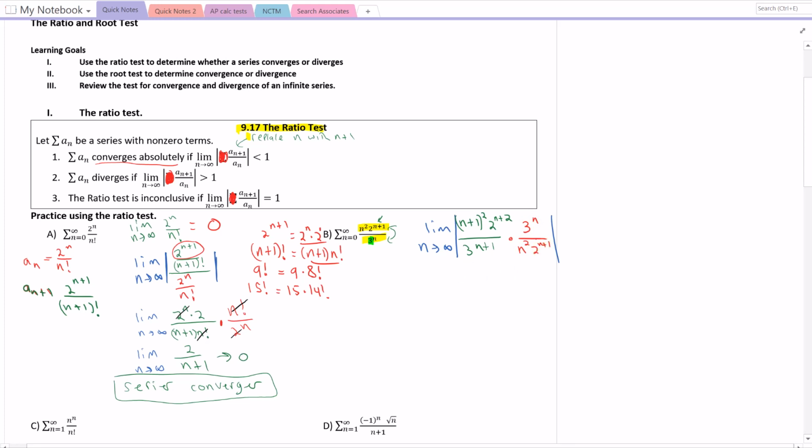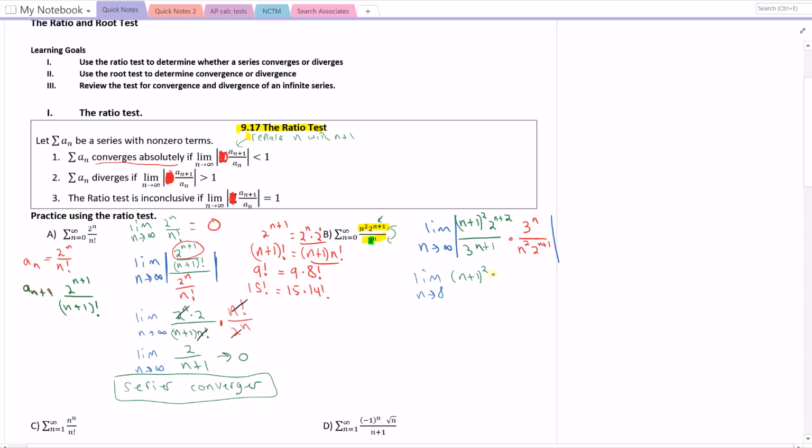Like such. And then we need to rewrite the n plus 1 term. Again, there's no negatives here, so I can get rid of the absolute value. This is still going to be n plus 1 squared. The 2 to the n plus 2, we want it to cancel with 2 to the n plus 1.